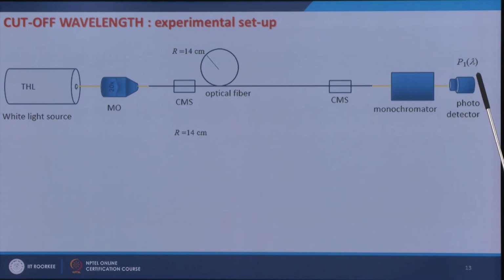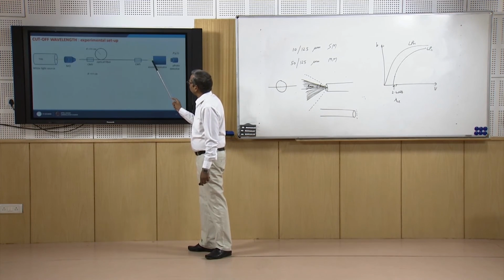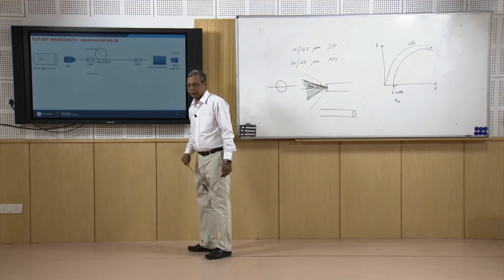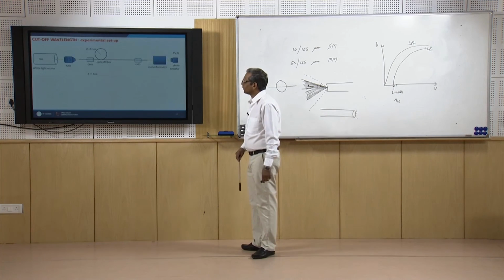I can change the wavelength with the help of a monochromator and measure the power as a function of lambda. So, basically I pick a particular wavelength using a monochromator, and then I measure this P1 lambda.